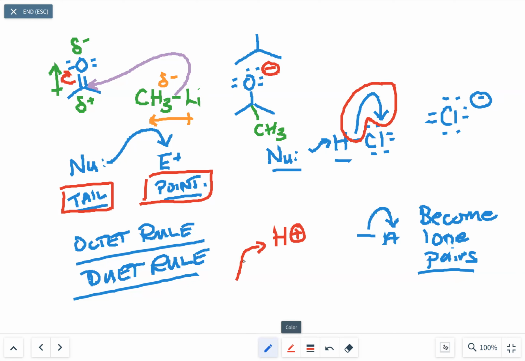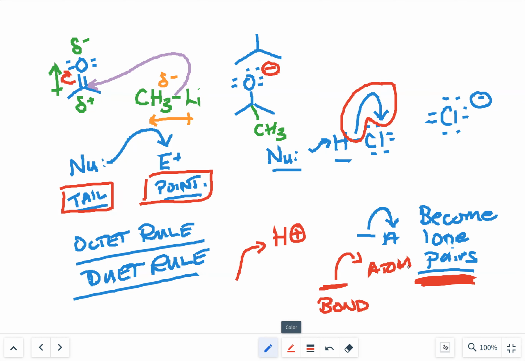But if it's anything else, there's typically another bond which you need to break. When you're breaking that bond, that is going to become a set of lone pairs. So the bond is going to be the tail, and the pointy end is going to go on the atom. And that's going to end up making that lone pair.